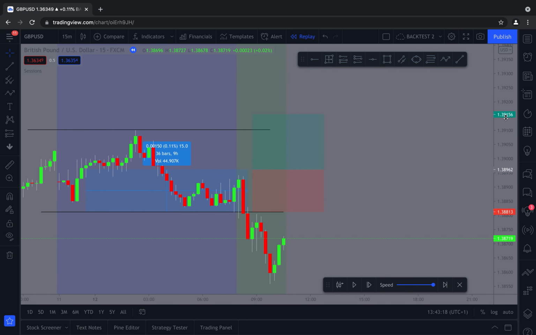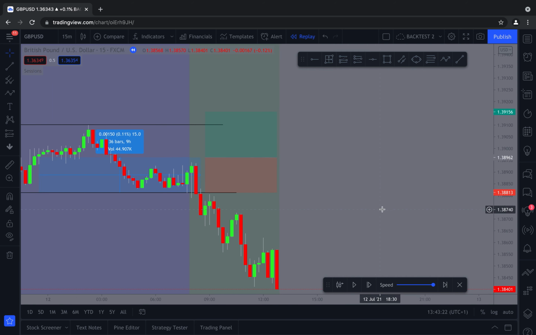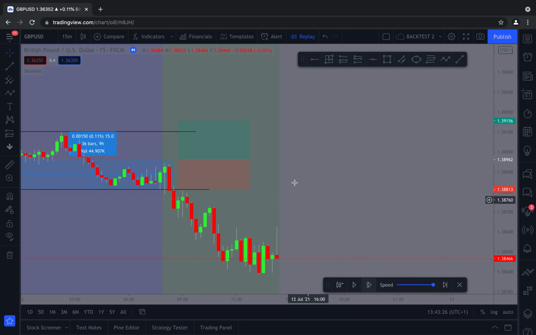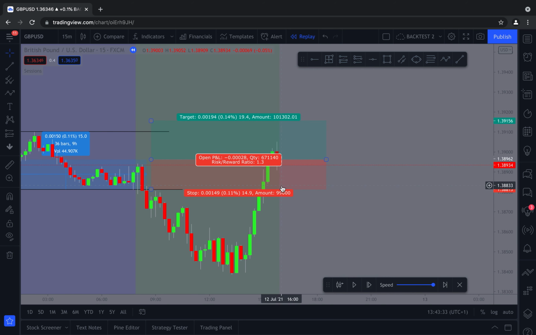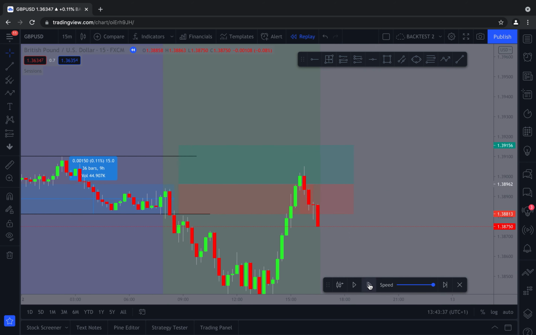Now this is a good example actually, I'm glad this has come. So I would leave that pending order open all the way till the start of the next Asian session, okay? So this is still open, we're at 2 PM, still open, and then we're tagged in here at around about 3:30 PM, and then we're taken straight out for a loss.